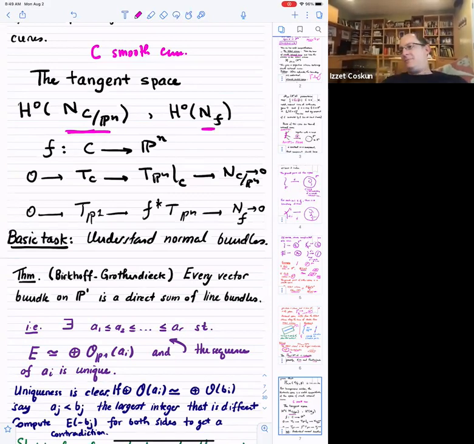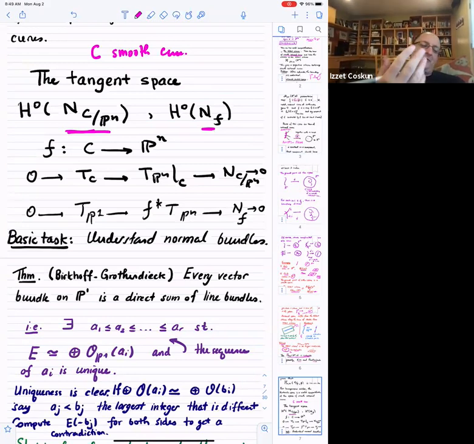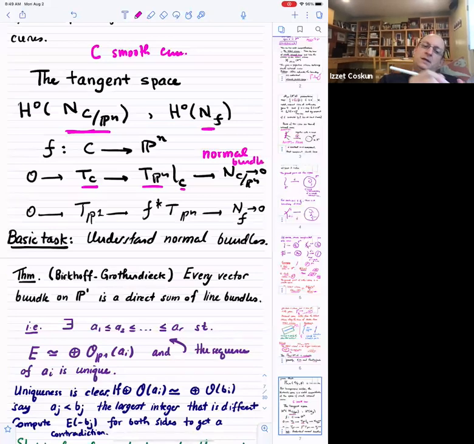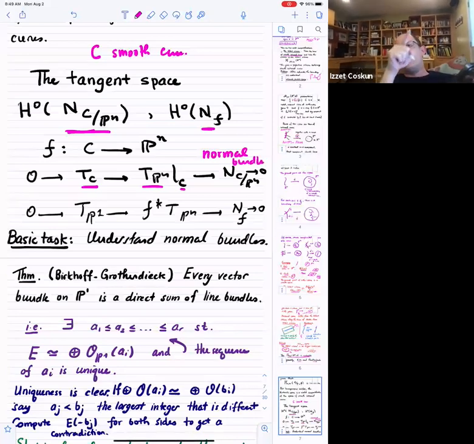Each time you have a smooth submanifold of a manifold, its tangent bundle sits in the restriction of the tangent bundle of the ambient manifold to your submanifold. And the cokernel of that is what we call the normal bundle. So these are the normal directions.